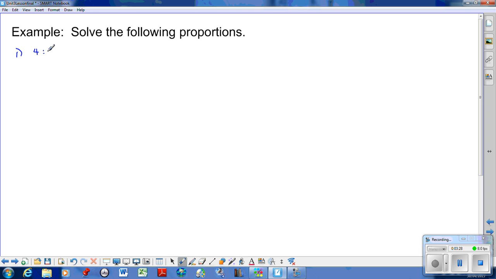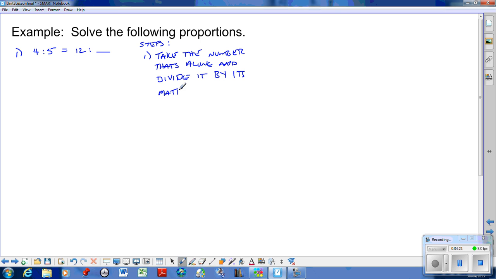If I have the example 4 to 5 equal to 12 to blank, just as a quick reminder, here are the steps. The first step is to take the isolated number, the number that's by itself, and divide it by its partner, or its matching term.